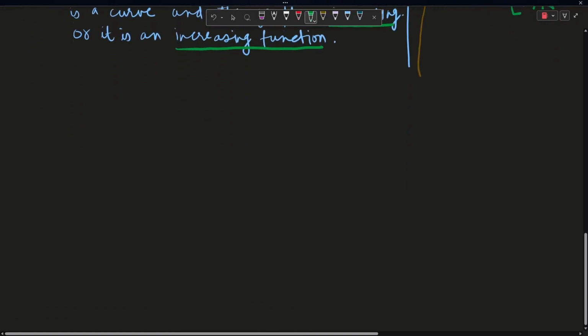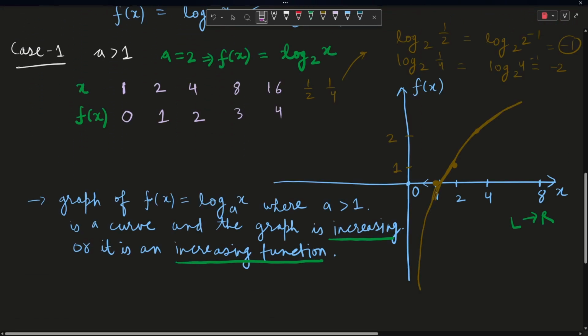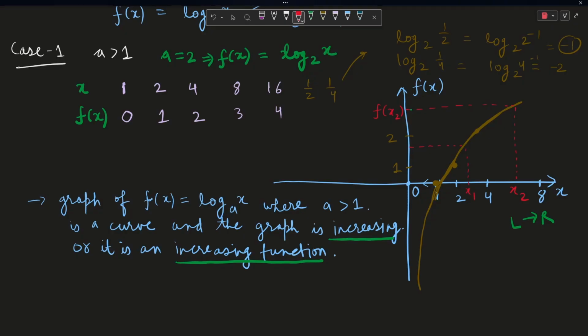Also we can prove it, right? We can prove that the graph is increasing by considering some points. Let's say I'm taking the points x2, and for x2 there is a point on the y-axis which is f of x2, then x1 on the x-axis, and for x1 there is a corresponding point f of x1, right?